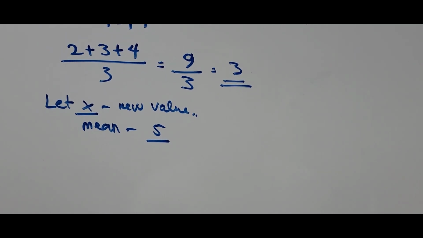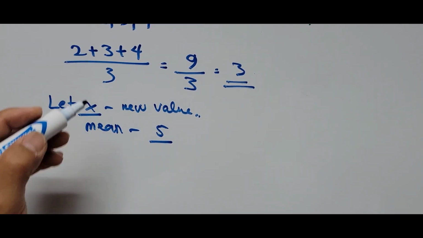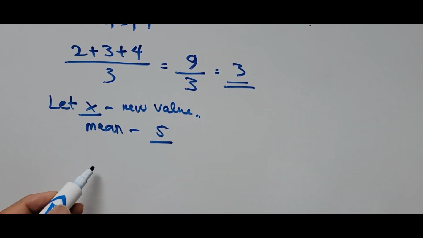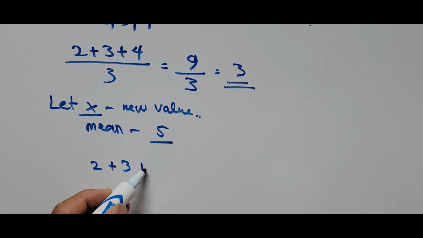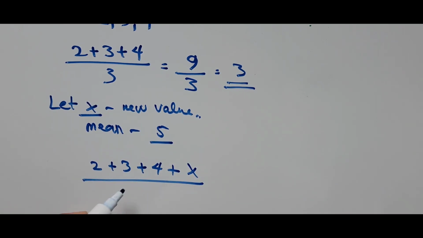Let's go back to this set of numbers: 2, 3, and 4. We have to add all of those, so 2 plus 3 plus 4 plus x, divided by how many values now? 1, 2, 3, 4.